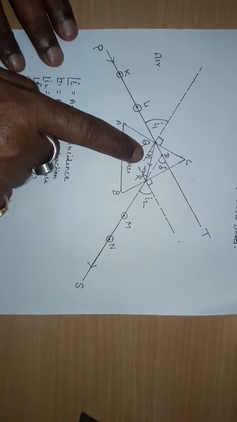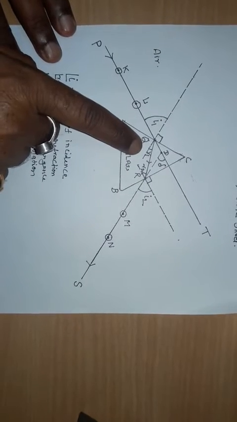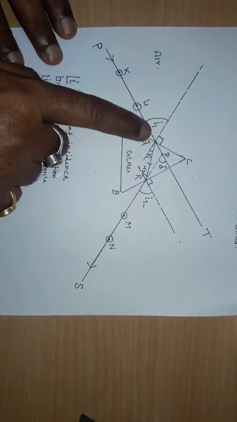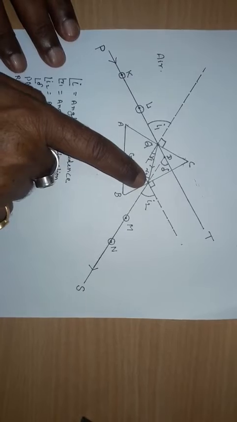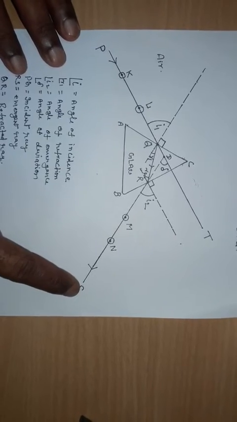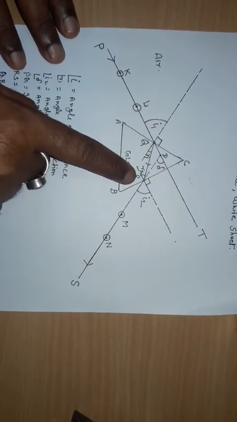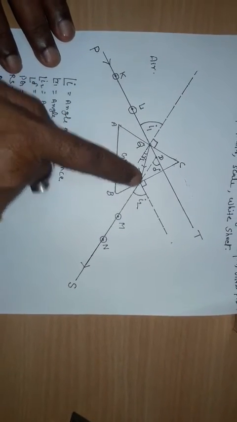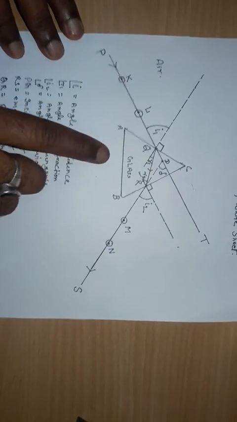Here angle of refraction is R1, it bends towards the perpendicular, and light after suffering the refraction, it goes away from the perpendicular, because this is your rarer medium. Here light is coming from denser to rarer medium, so it is away from the perpendicular. In this way, we have traced the path of light by the use of prism.